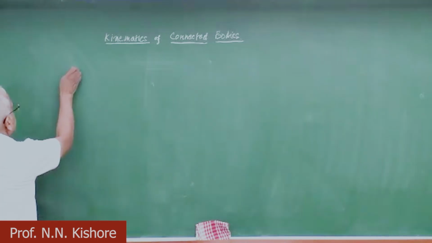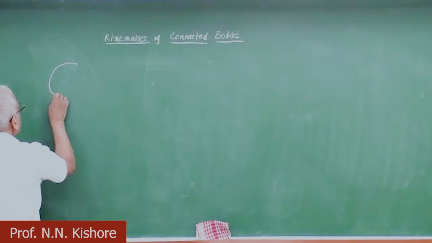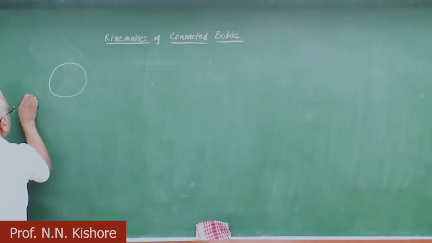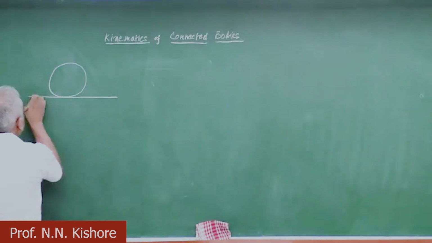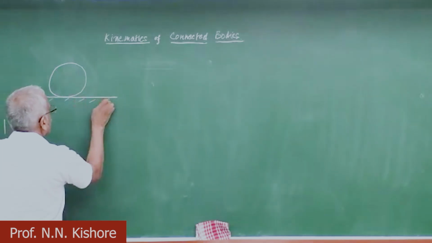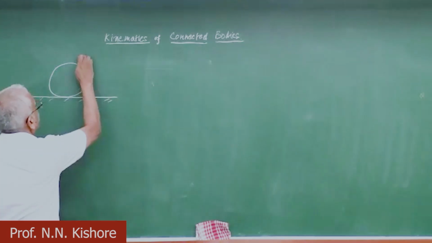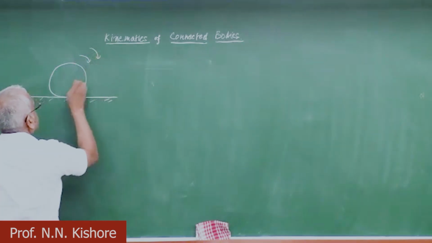So the other interesting problem, which looks very simple, is the rolling of a disk on the ground. We have solved for velocity.